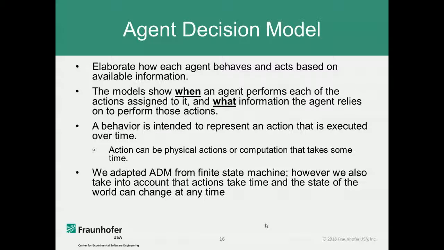The next model, and the fourth and final model that we have, is the most detailed one, which is the agent decision model. Here we wanted to elaborate on precisely what actions the agent performs and when it does them in response to the available information.